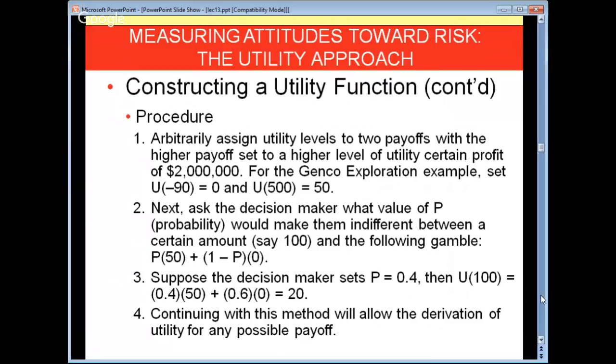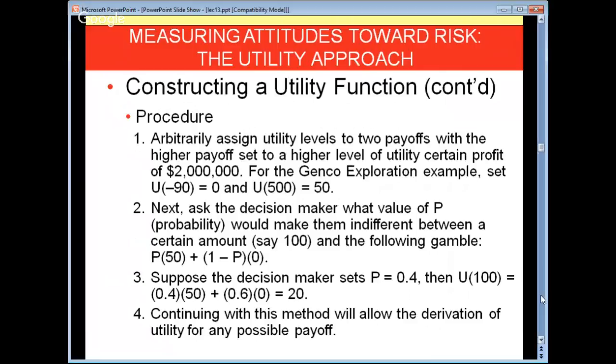In that case, the expected utility is 0.4 times 50 plus 0.6 times 0, or 0.4 times 50 is 20. And of course, anything you multiply by 0 is 0. So I have an expected utility of 20. And by the way, I said $2 million, I meant $100,000.